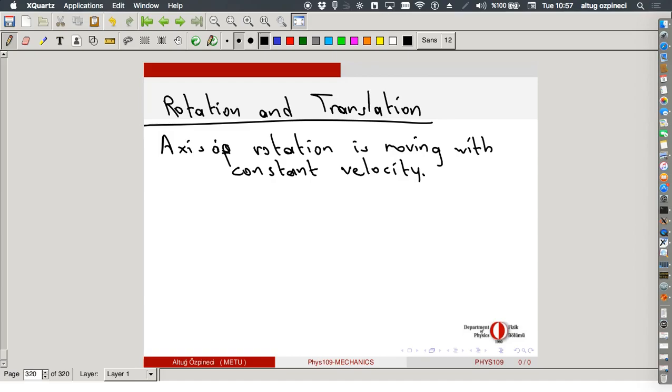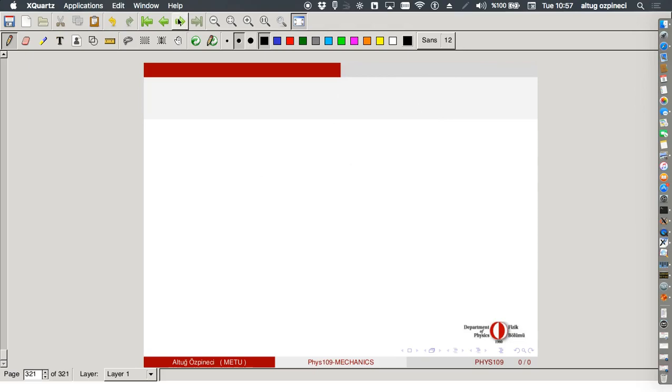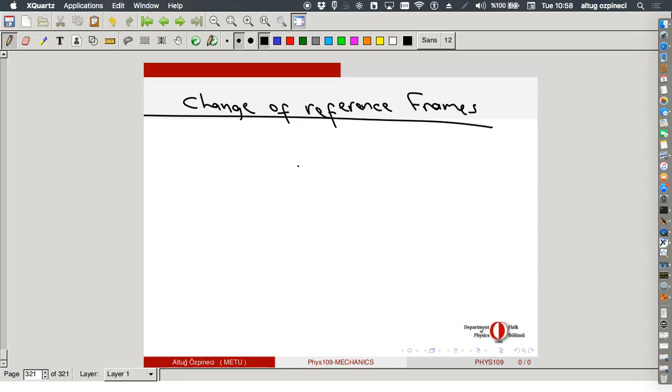And we know how to go from one reference frame to the other in terms of velocity. Let's just review them again. Change of reference frames. Now this is the reference frame that is moving with the axis of rotation, and this is your reference frame.